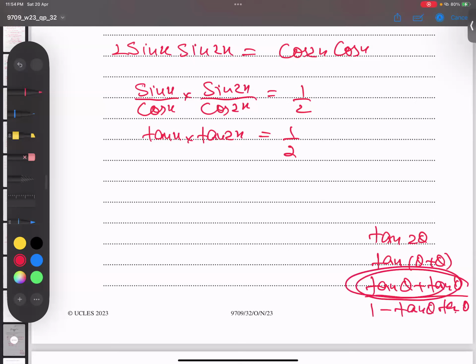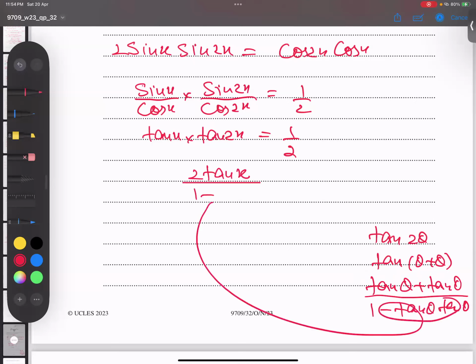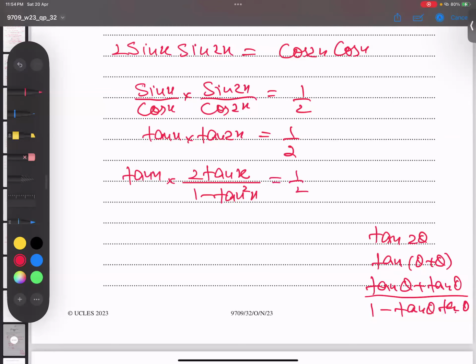Tan plus tan becomes 2 tan, so I'm writing 2 tan x, over 1 minus, and tan into tan becomes tan square. Maybe you find this the harder way, or the other easier, as you wish. So multiply up only, don't multiply down as well. Algebraic mistakes could happen. So we have tan square x, and here 1 minus tan square x over 2.